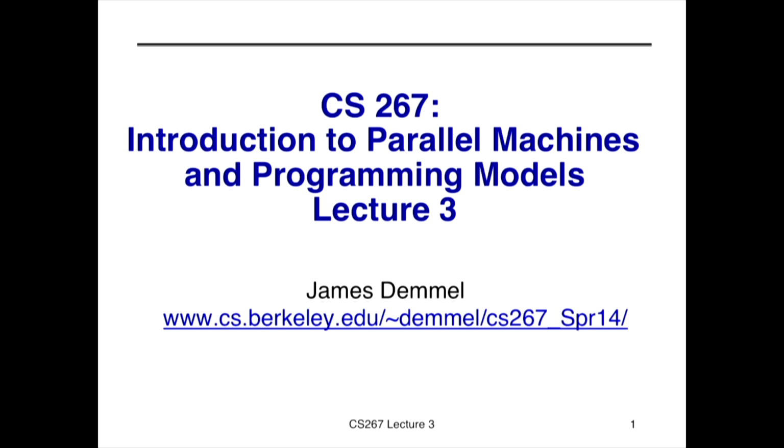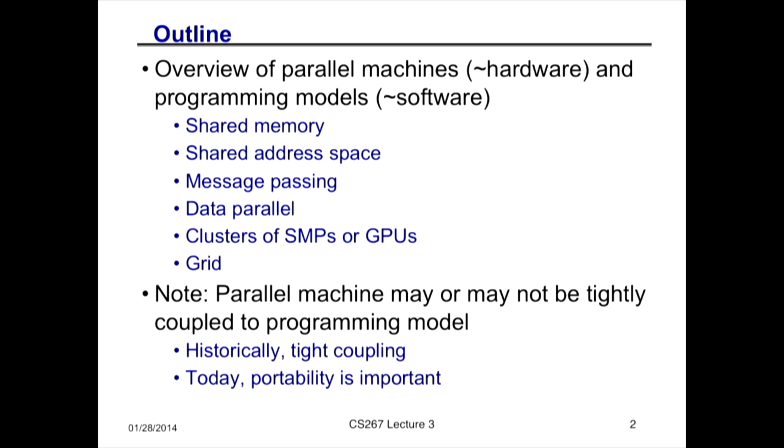And so what I'm going to do is give you, again, this is going to take 1.5 lectures, an overview of parallel machines, both what the hardware does and how you express parallelism on top of them, which is, to some sense, a little bit tied to the architecture. So there are going to be a number of different kinds of parallel machines that I want to talk about from both the hardware and the software point of view.